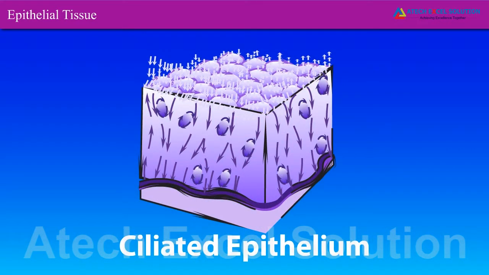Some columnar epithelial tissues have cilia, which are hair-like projections on the outer surface of epithelial cells. These cilia can move, and their movement pushes the mucus forward to clear it. This type of epithelium is called ciliated epithelium. Ciliated epithelium is found in the respiratory tract and sperm ducts.